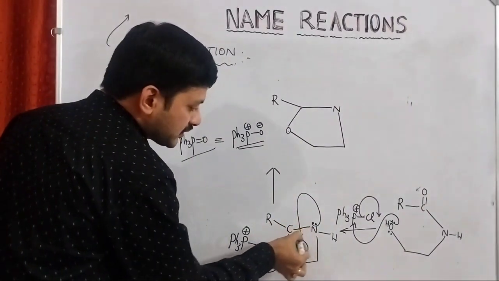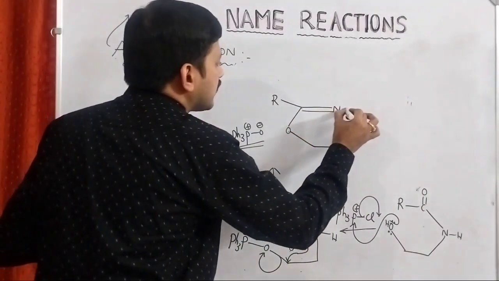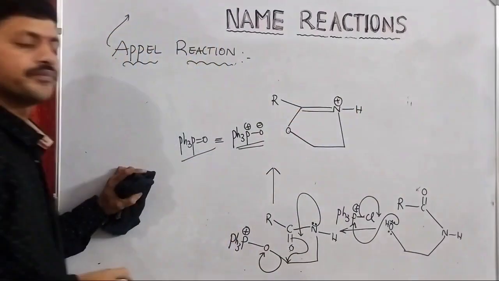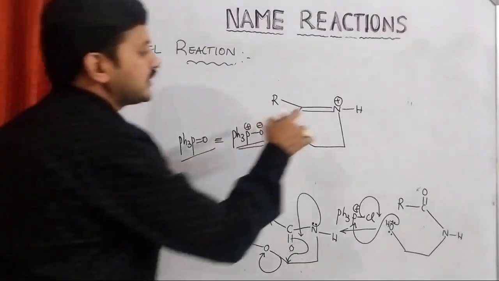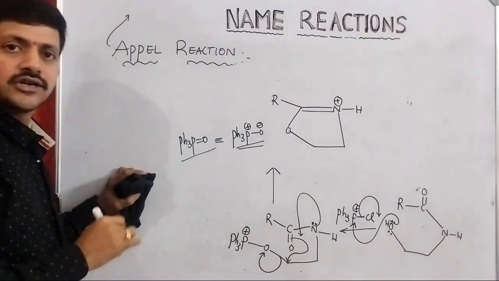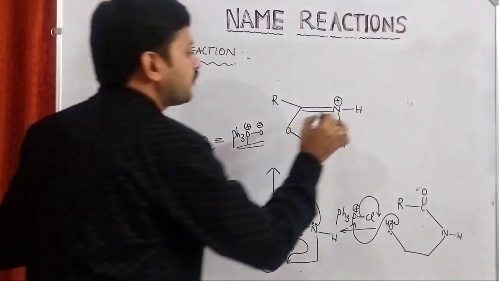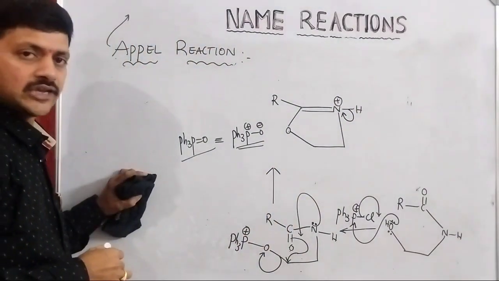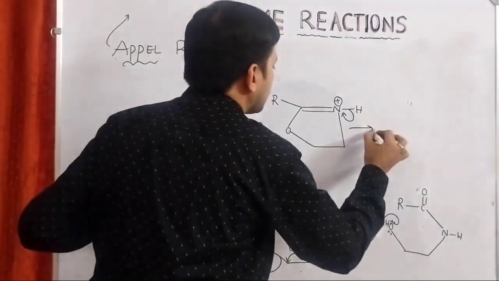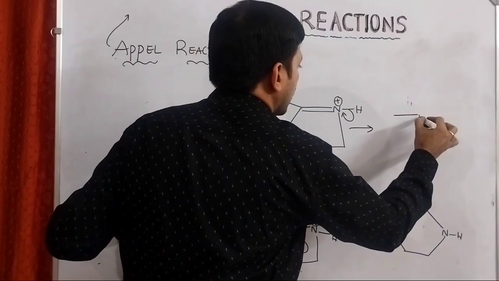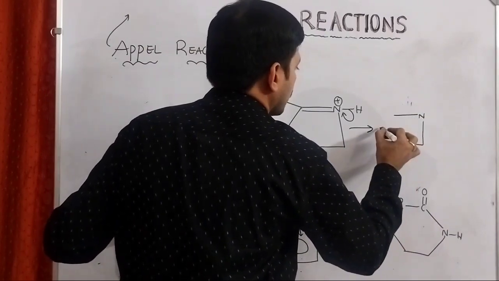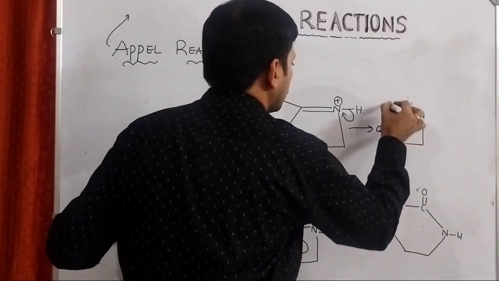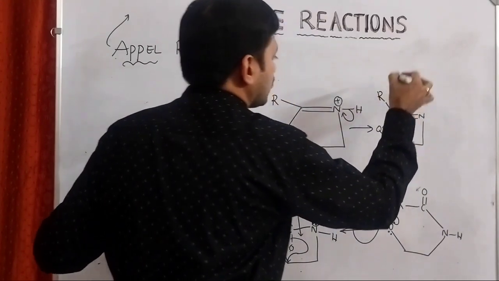Here, the pi bond between nitrogen and carbon takes place. Nitrogen is having positive charge. In order to maintain its valency, the hydrogen will be removed in the form of H+ ion. So it can produce N, oxygen, pi bond, this one is R.